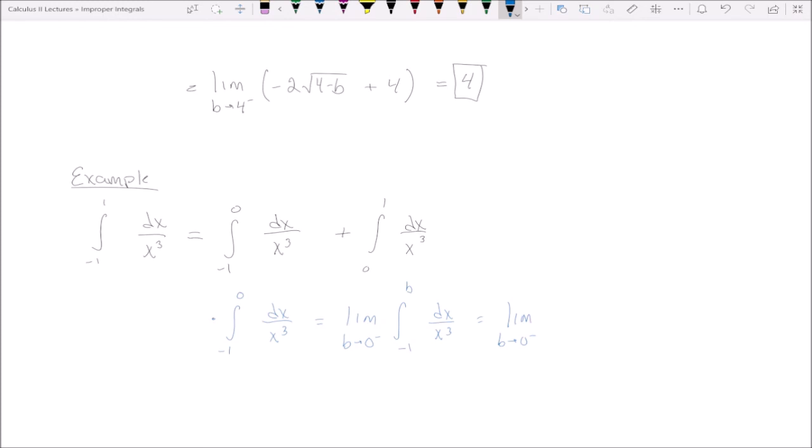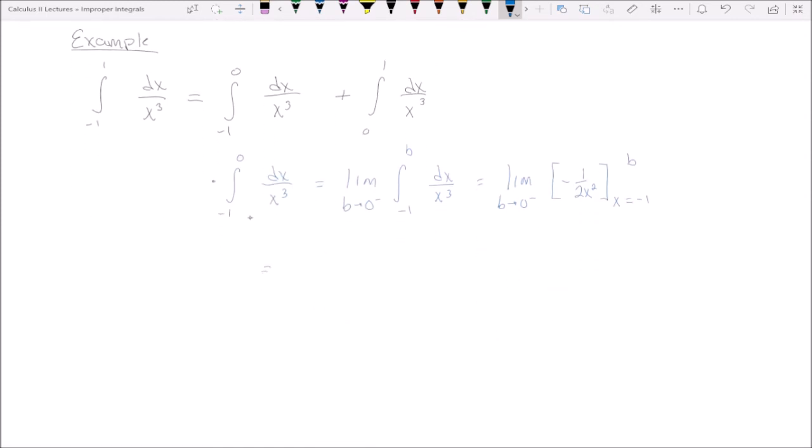We're going to get negative 1 over 2x squared, where x goes from minus 1 to b. The limit as b approaches 0 from the left of negative 1 over 2b squared plus a half is going to be negative infinity.